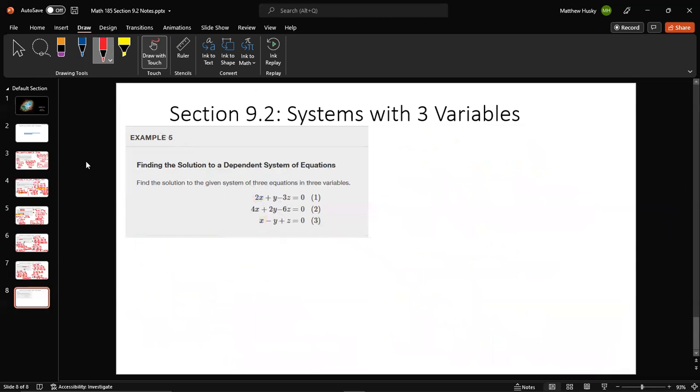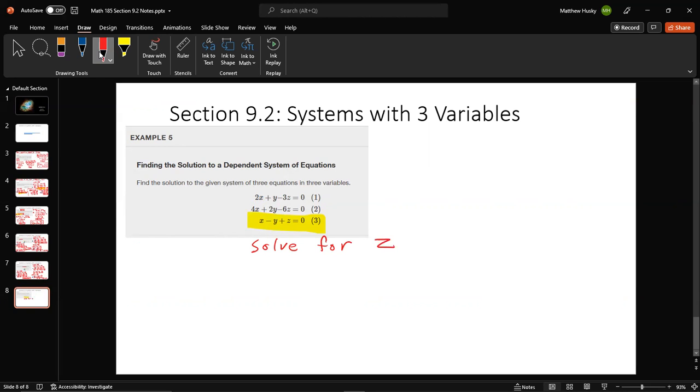So what you could do, probably the easiest would be to take the third equation. And you can solve it for x. Or actually, let's solve it for z.